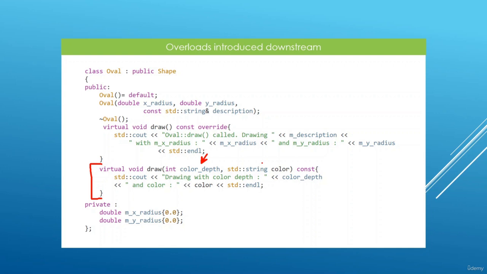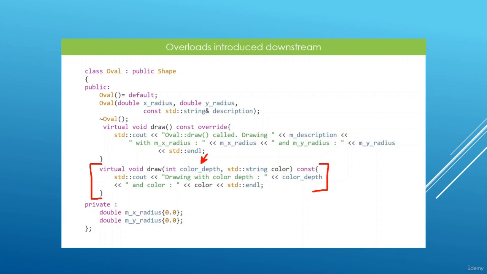And what I mean is that if we go through a base pointer or reference to manage derived objects, we can't really call this method with shape polymorphism. So if we go through our shape pointer or reference, and we want to call this method, if we try to call it, we will get a compiler error. The reason is this method is not known to the shape class. That's why it's not going to participate in shape polymorphism.